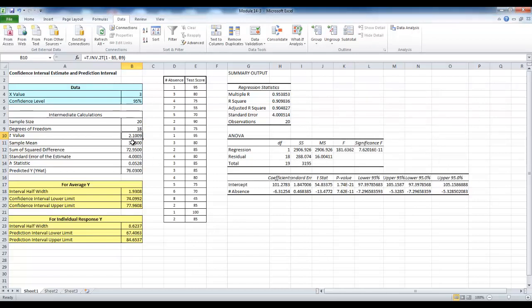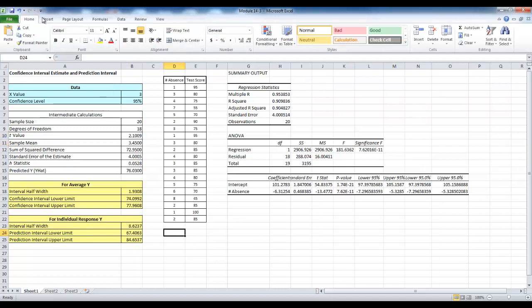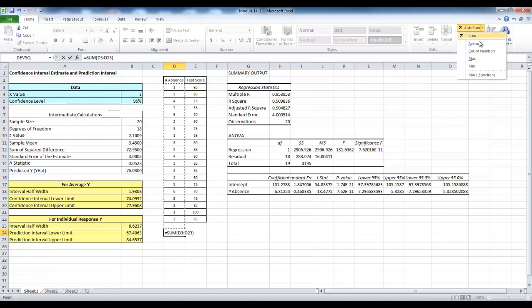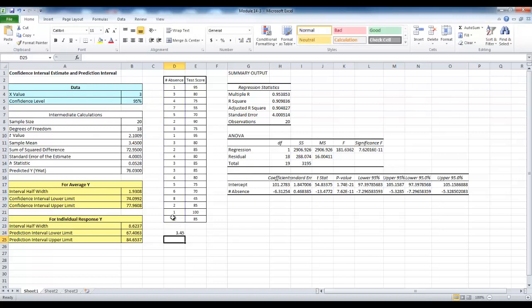The sample mean is the mean of our sample. Let me show you very quickly. We go home, we need to take the average, not the total. So the average number of absences for 20 students is 3.45. So I put 3.45 here.